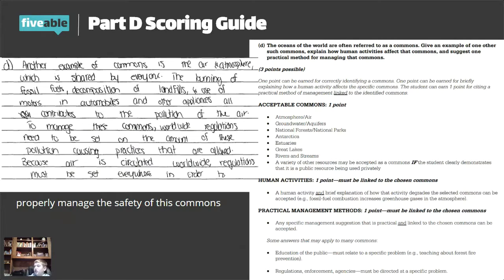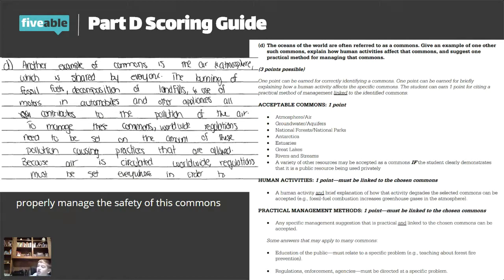Okay, so they identified air, atmosphere, as the commons. So let's see, a human activity. The point for that says it must be linked to the chosen commons. So a human activity and brief explanation of how that activity degrades the selected commons can be accepted. The rubric says you must have fossil fuel combustion increasing greenhouse gases in the atmosphere, actually linking it to something.